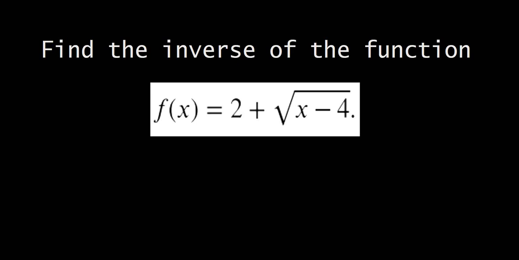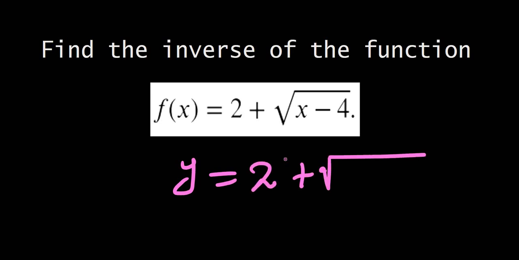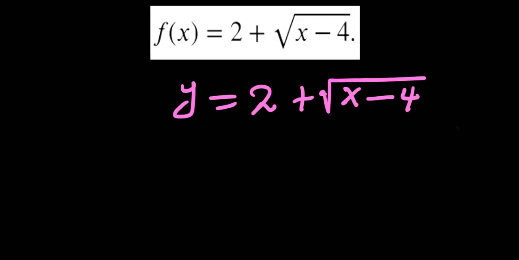This question says, find the inverse of the function f of x is equal to 2 plus the square root of x minus 4. To solve this problem, first we have to change f of x to y. So we're going to have y is equal to 2 plus the square root of x minus 4. Next, we have to switch the position of x for y and the position of y for x.